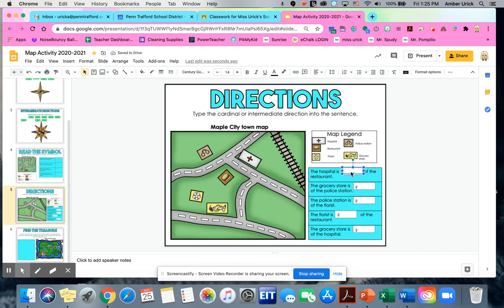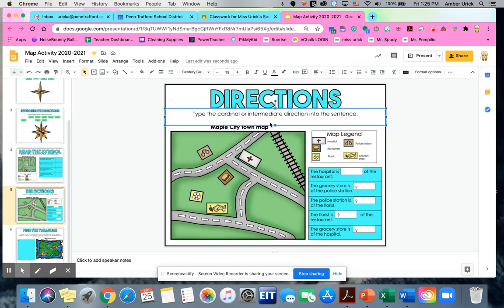The hospital is blank of the restaurant. But now I'm not going to type in the word. I have to type in the cardinal or intermediate direction, which if you remember at the top is north, east, south, west, or northwest, northeast, southeast, or southwest. So the hospital is blank of the restaurant.